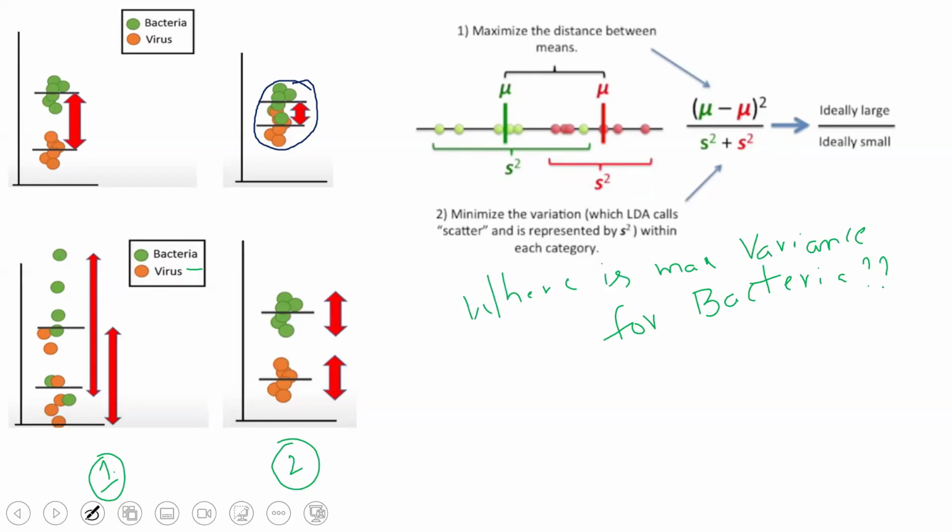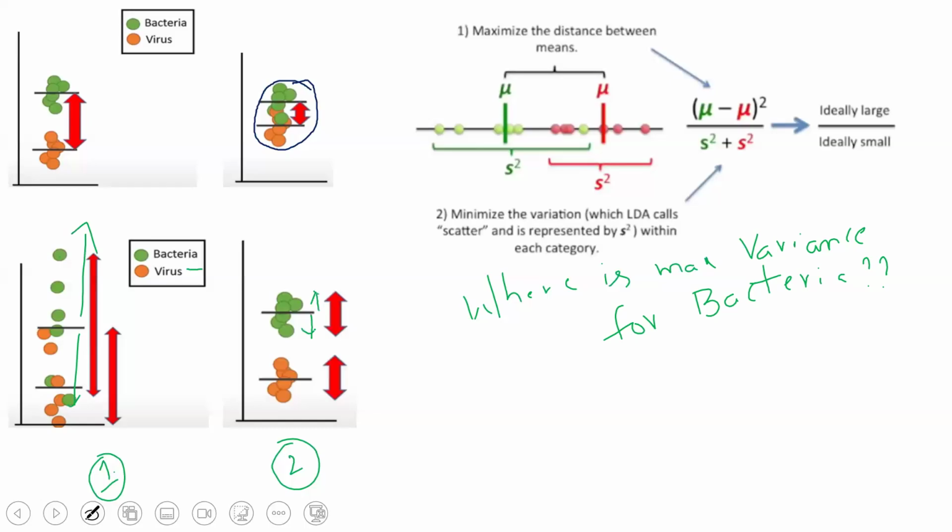Diagram 1, right? Why? Because here the points are spread more. From the mean, we have more spread in diagram 1. If you look, this is the mean of bacteria, and the spread of the data is more here. If this is the mean in diagram 2, the spread is very small.